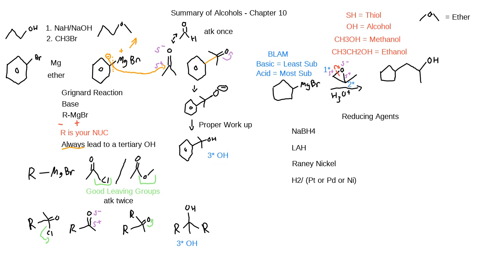NaBH4 can reduce ketones. So if you see a ketone and NaBH4 is the reagent that you're using, it will reduce to a secondary alcohol because it's in the middle.